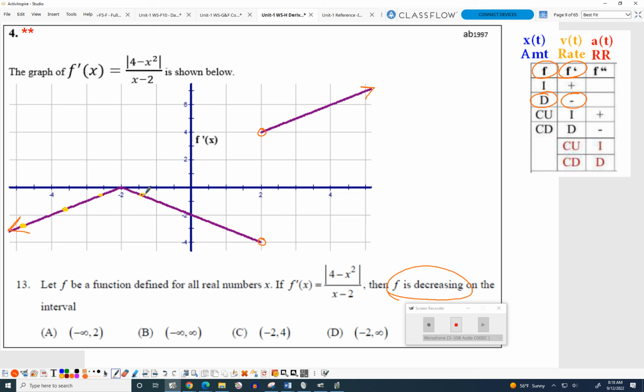Skip that for a second. 2 points. So sure enough, from -2 all the way to negative infinity, we have values of f prime that are negative. That means that the graph of f itself that we can't see would have to be going down in that span of x coordinates.